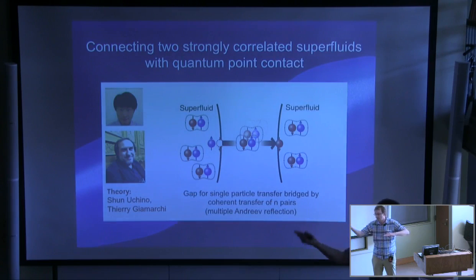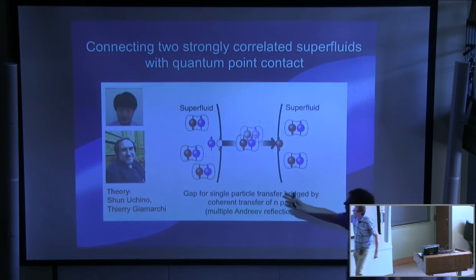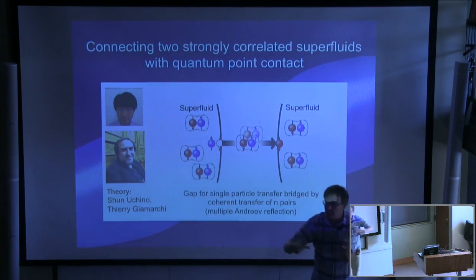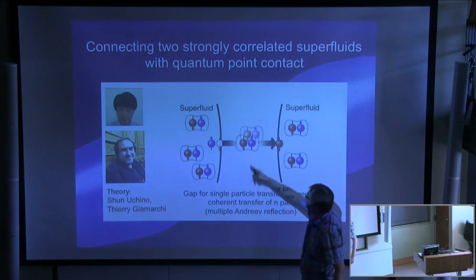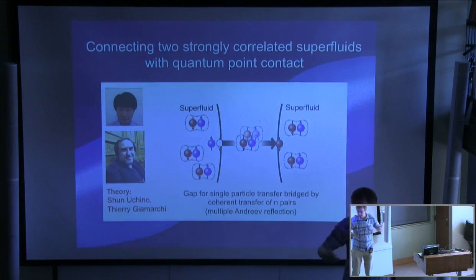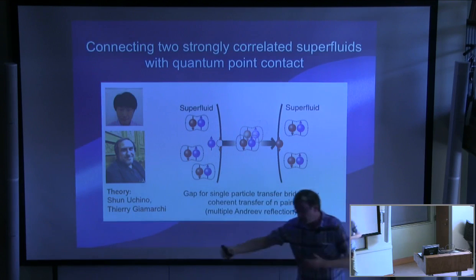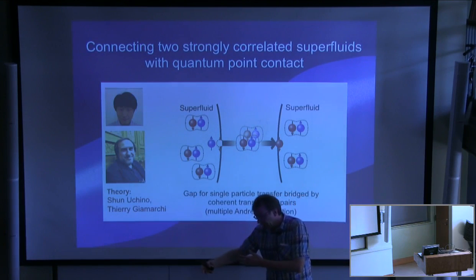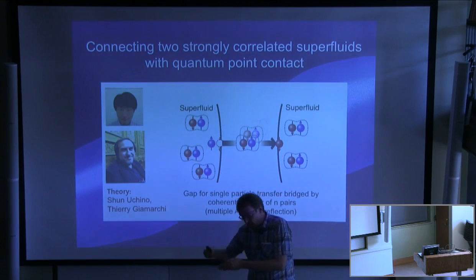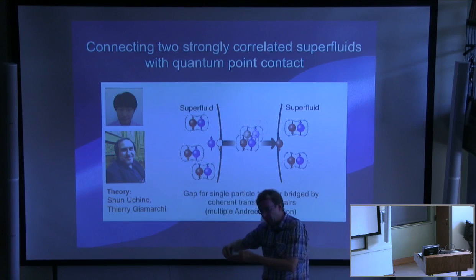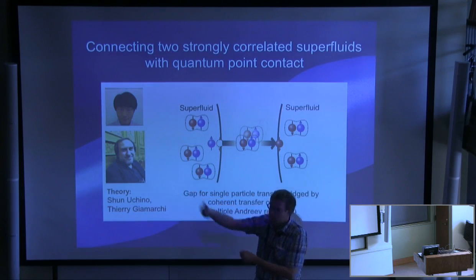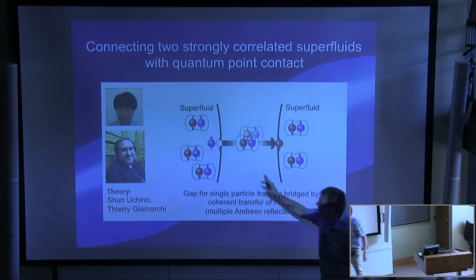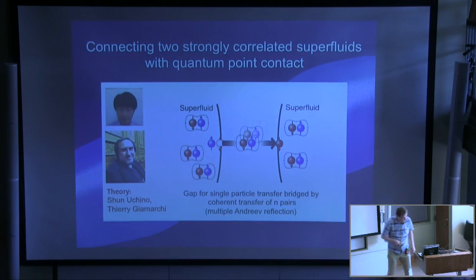So it's not obvious what is happening, but the process that is dominating, and that is also leading to the nonlinearity, is multiple Andreev reflection or pair tunneling. Several Cooper pairs tunnel, and they come up with the energy n times the chemical potential, and then you can break up a pair. That is the underlying mechanism which explains those measurements.